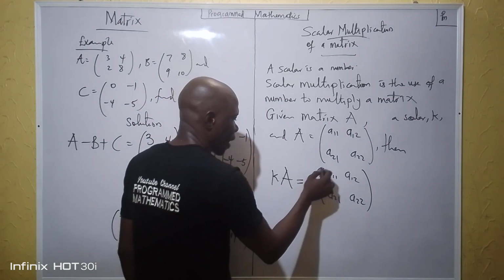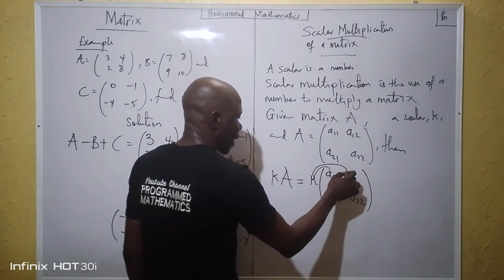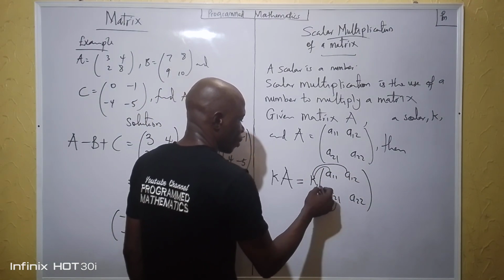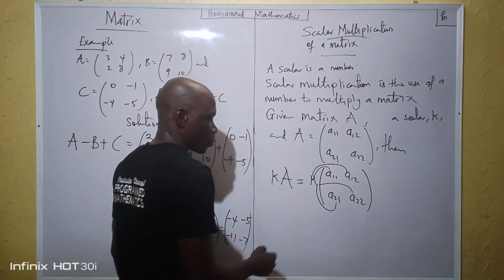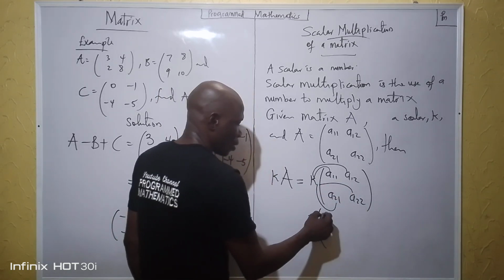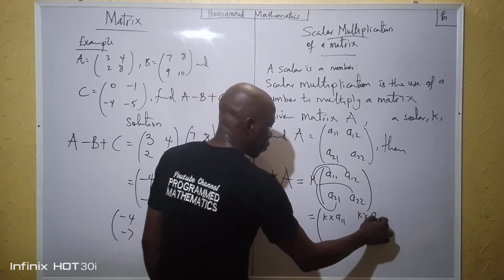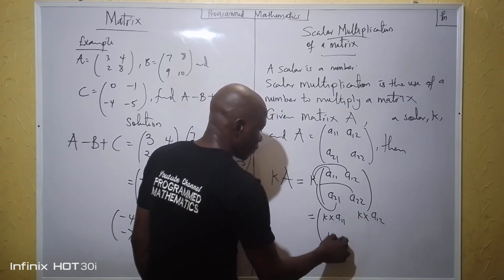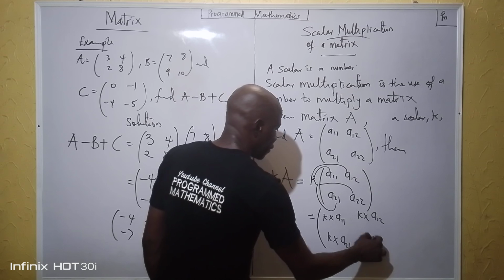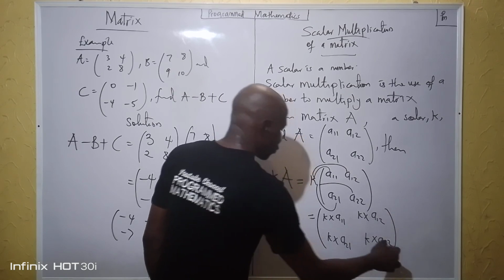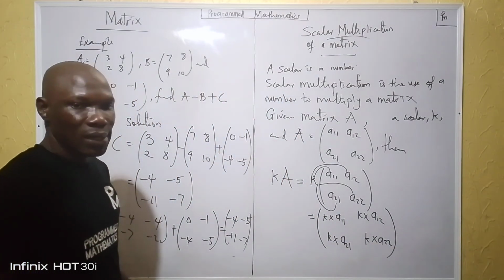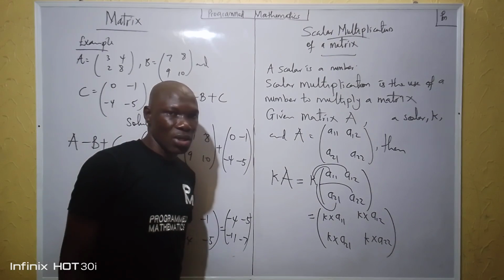The k will multiply A11, A12, A21, and A22. So this is simply k times A11, k times A12, k times A21, k times A22. This is what is called scalar multiplication.